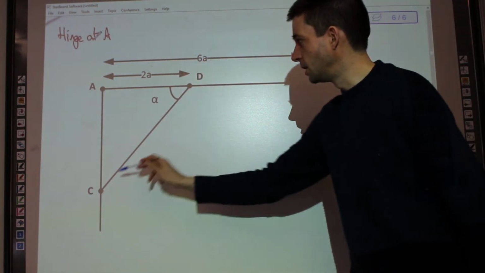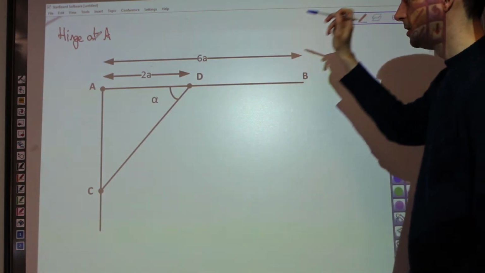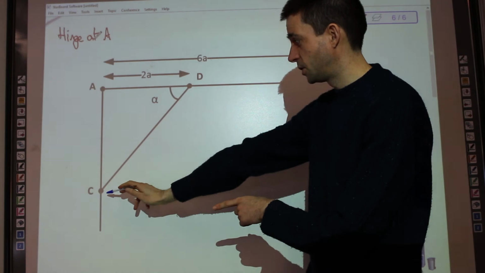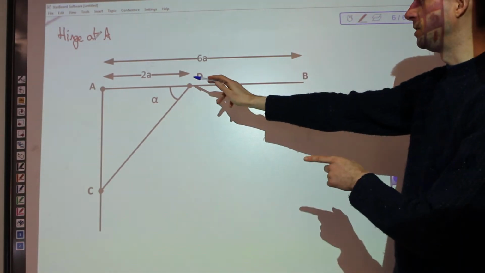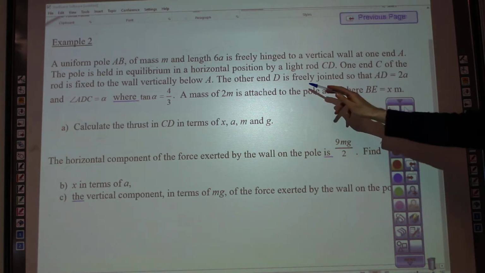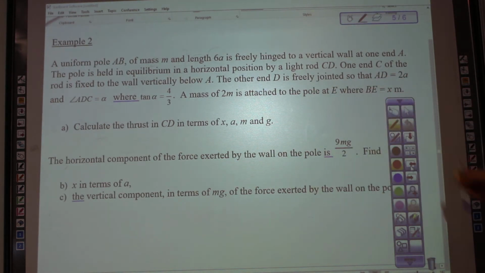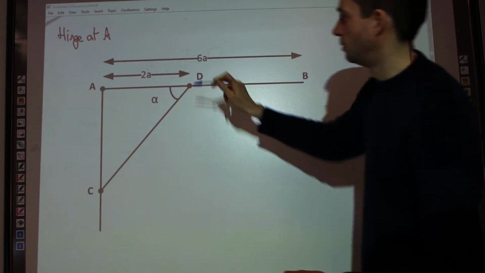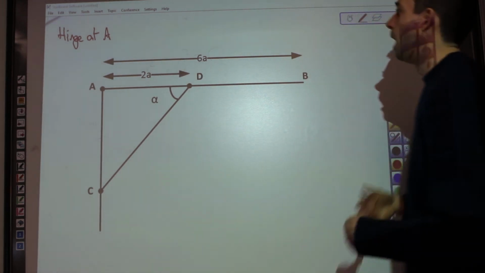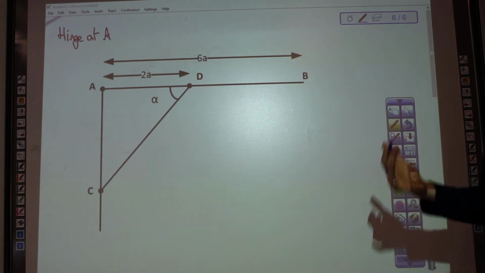Here we have the light rod CD. C is fixed to the wall and it's joined to D, freely jointed, so that AD equals 2A. So the distance from A to D is 2A as labelled on the diagram. Okay, so this is the scenario we've got.